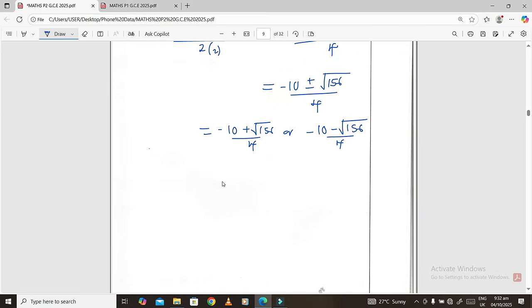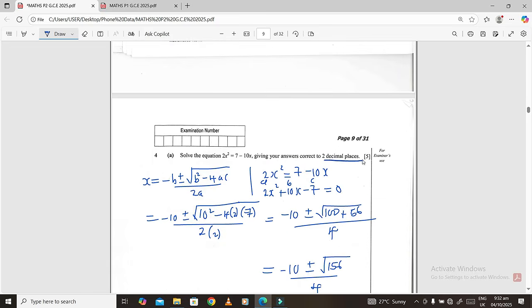And then here, so we've got here negative 10 plus square root over 156. This one is giving us 2.4899597 over 4. So divide by 4, and then this one will be 0.62. There is a condition on where your answer must end.